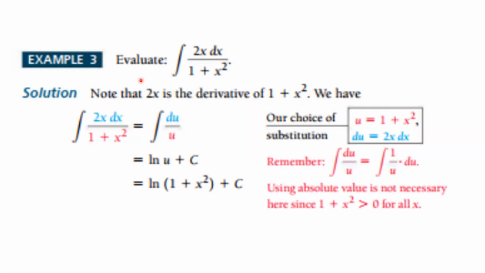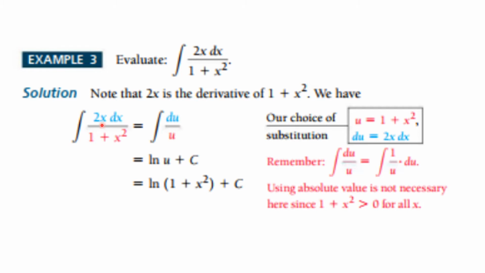Here's another example. We're supposed to evaluate the indefinite integral of 2x dx over 1 plus x squared. In this one, we're going to choose u to be 1 plus x squared. And if we choose u to be 1 plus x squared, then du is equal to 2x dx.